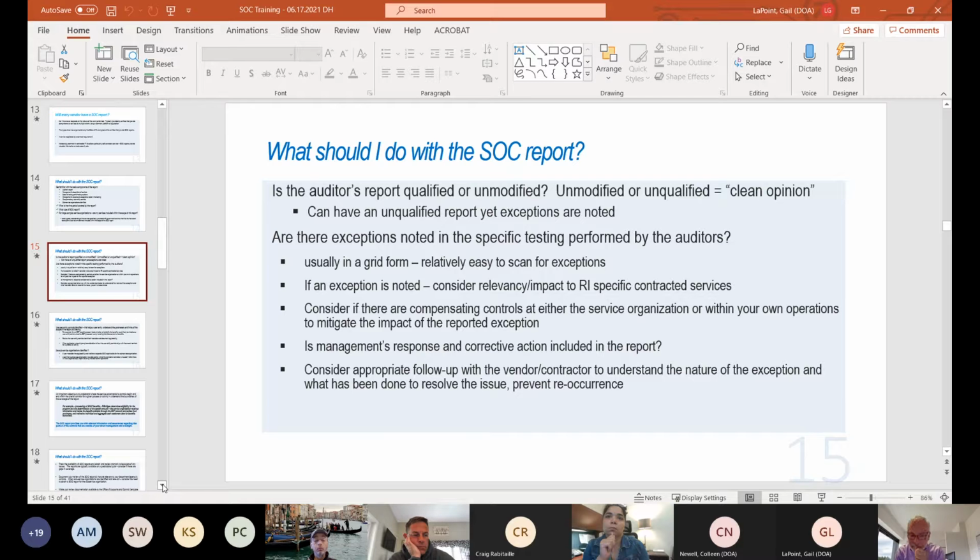As I mentioned, it's fairly typical to see that they took very prompt and appropriate corrective action. But if they don't, the expectation would be that you follow up with the organization and say, I'm looking at the SOC report, there's a problem noted here, and management's response doesn't really address the underlying problem. That's perfectly appropriate for you to do.